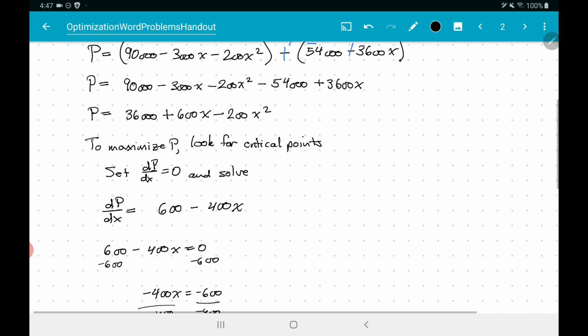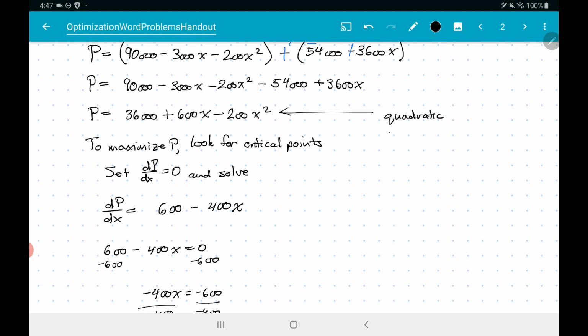For starters, this function profit is a quadratic function, so its graph is a parabola. Do you remember how to tell whether a parabola opens upward or opens downward?